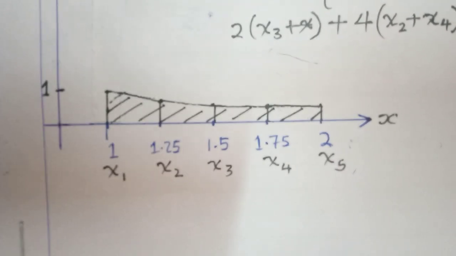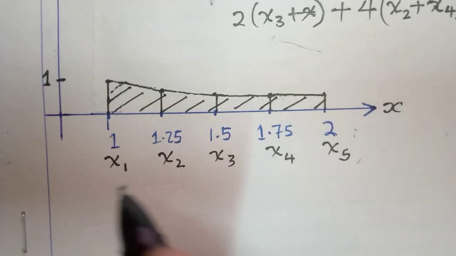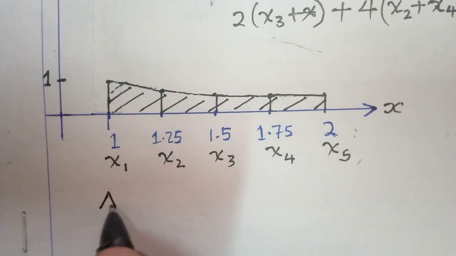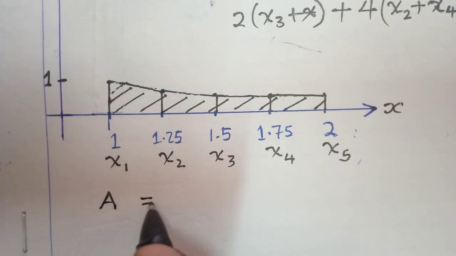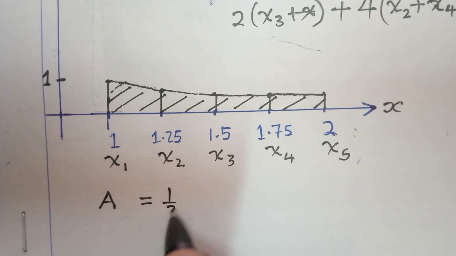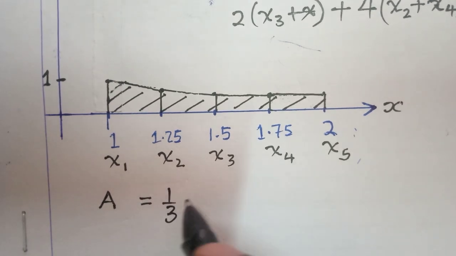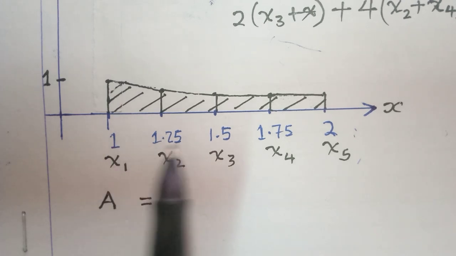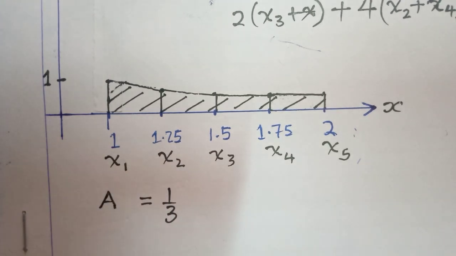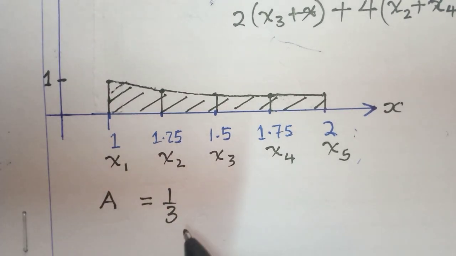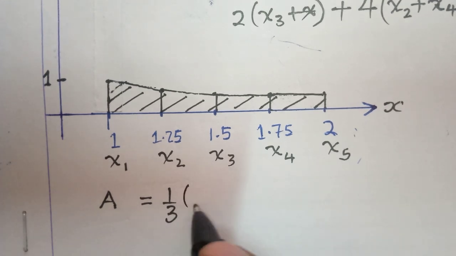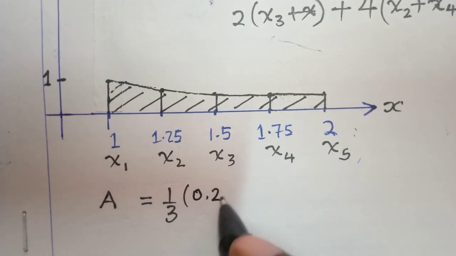And so therefore we come here and now find our area. The area then is going to be equal to that multiplied by the interval. For our interval, we have already calculated it to be 0.25.